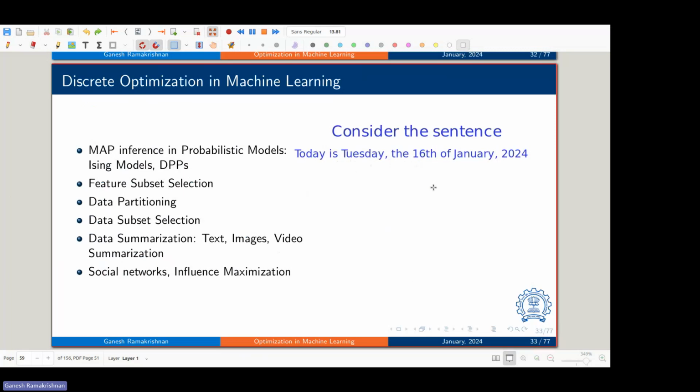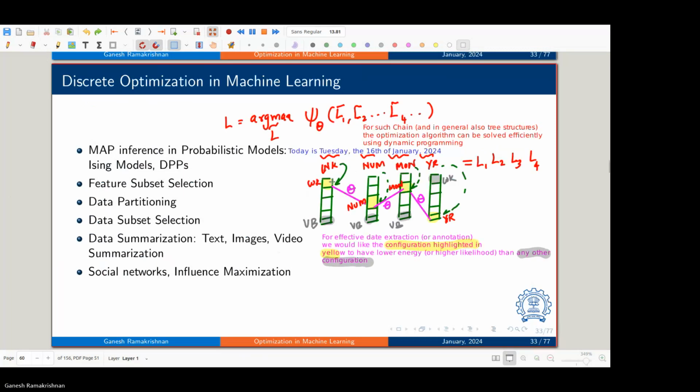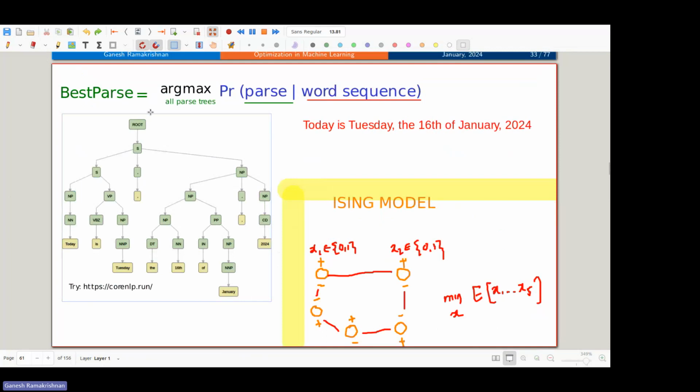I may not want to just do part of speech tagging. I might want to find the structure of the sentence itself. I'll give an example here. So let's say there's a parse tree. You can go to corenlp.run and generate your own parse tree.